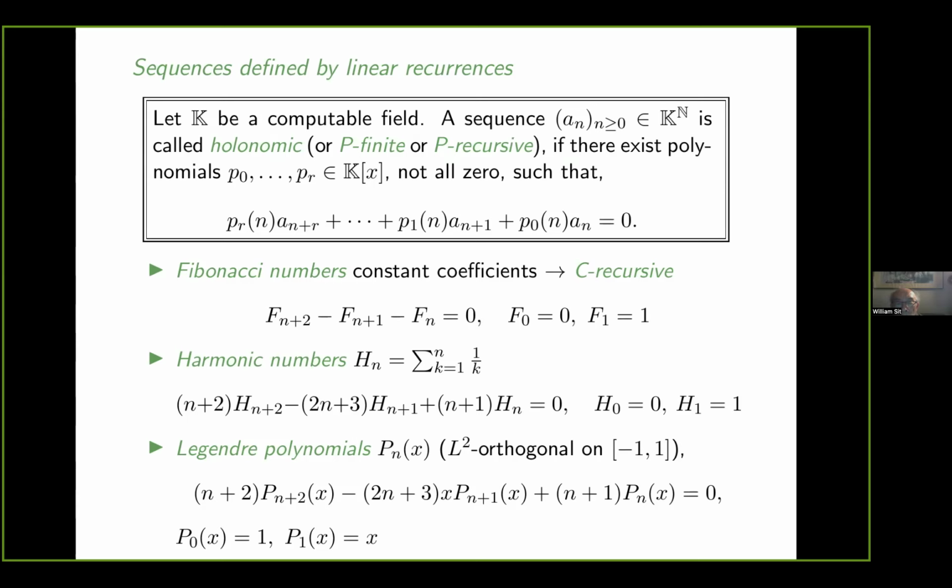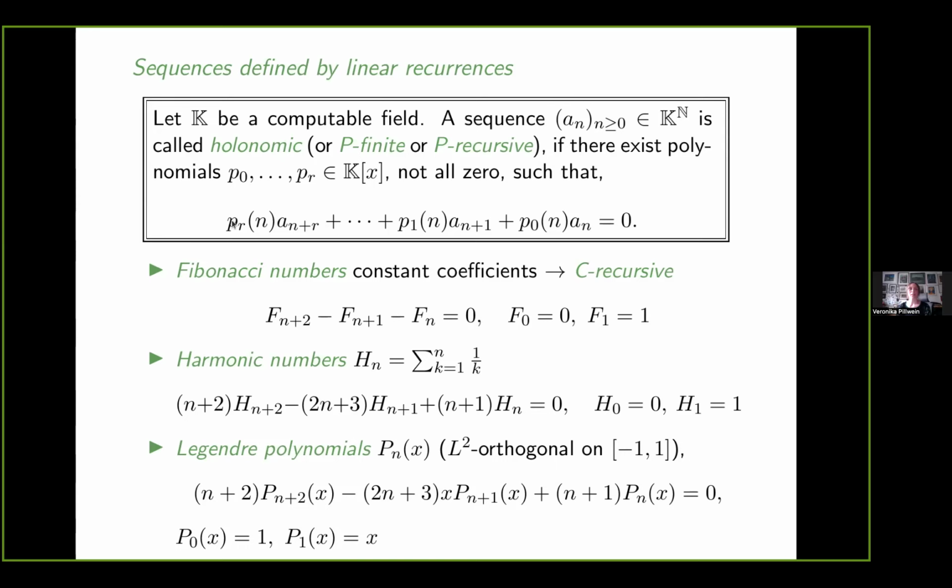So then the field would be K of rational functions in x, say. But what is the little p in here? The lowercase p.